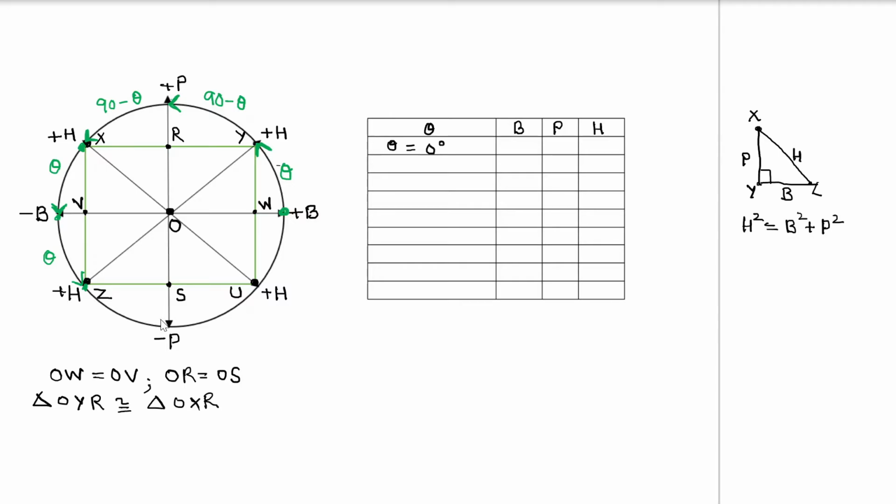Thereafter you can use the vertically opposite angle properties to say that even this angle is 90 minus theta, followed by the angle which the 7th arc makes with the center, again 90 minus theta.